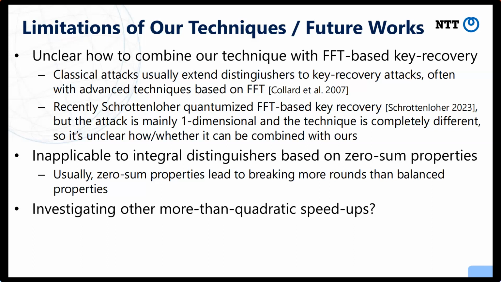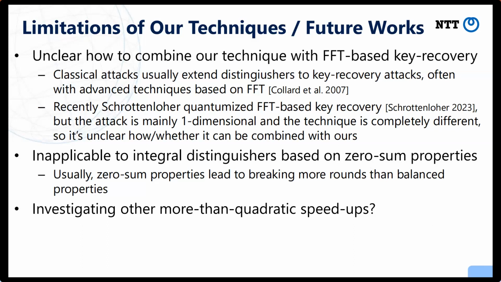And recently, Schrottenloher showed a quantum version of FFT-based key recovery, but the attack is mainly one-dimensional, and the technique is completely different from ours. So it is unclear whether it can be combined with ours. And so it will be interesting to investigate this topic.